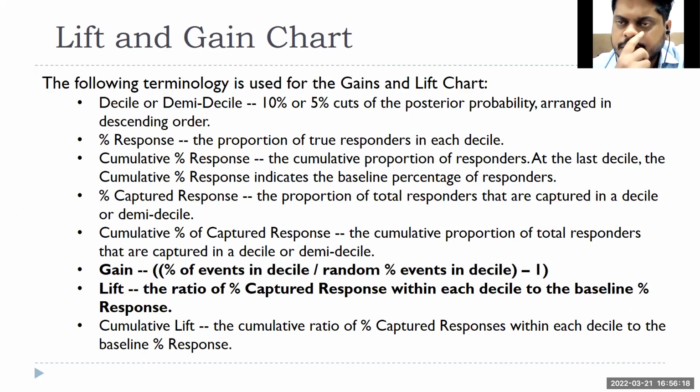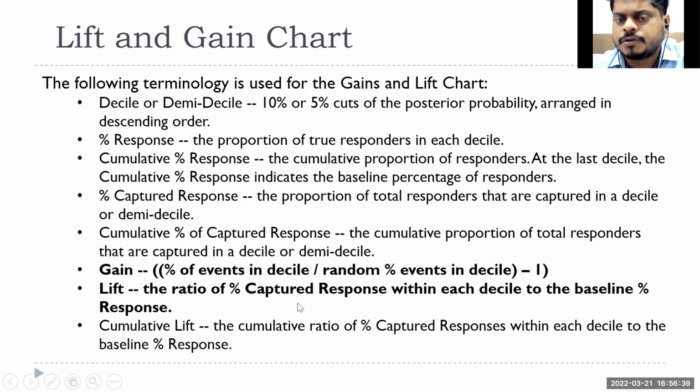Anyhow, I've written the definitions here. Decile or demi-decile means 5%. Here, if you see 5%, 5%, like that the segregation has happened. You can do it for 10% also. Then percentage response, cumulative percentage response, and this is where gain is: the gain in percentage terms.